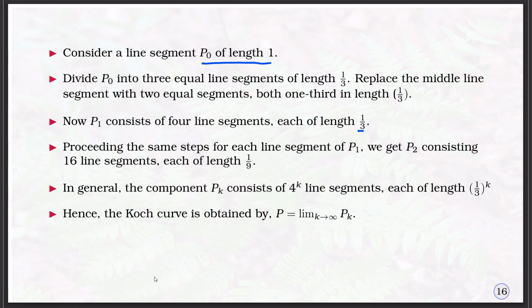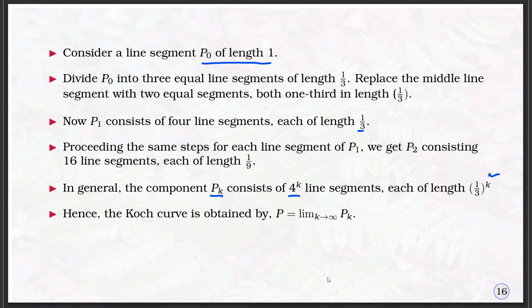So, what will happen if you continue this process n number of times? After the kth iteration, the component Pk has 4 power k line segments, each of length 1 by 3 power k.